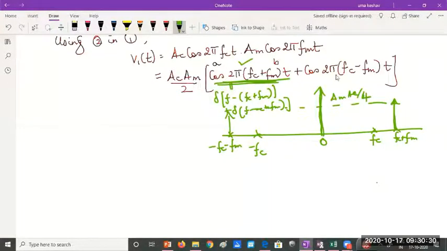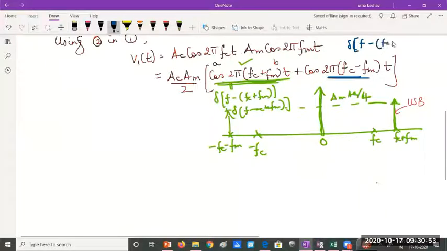Now, this represents which sideband? This represents the upper sideband. So if I retain only this part, I am going to retain the upper sideband. Whereas, how do I represent this other signal? Sum of two impulses, delta of f minus (Fc minus Fm) plus delta of f plus (Fc minus Fm).